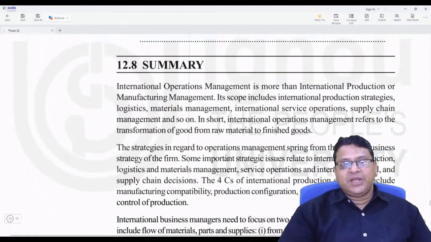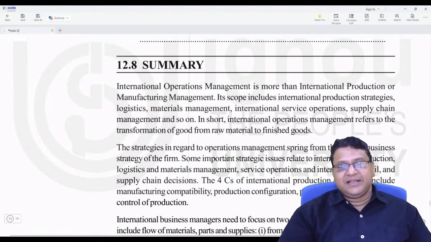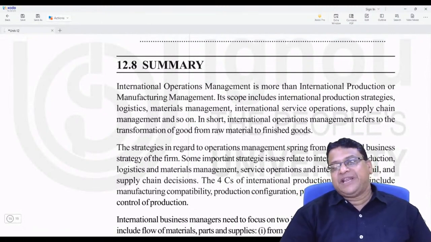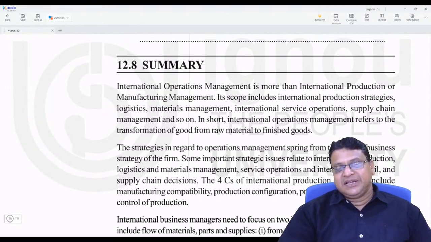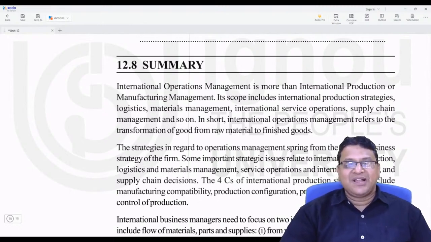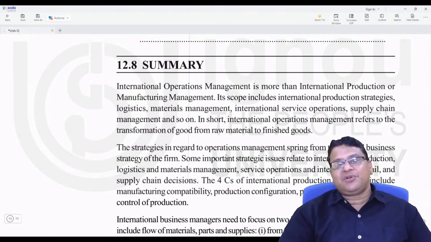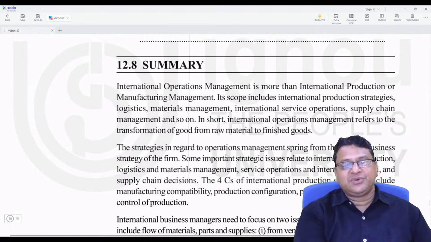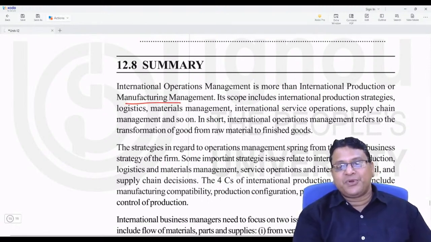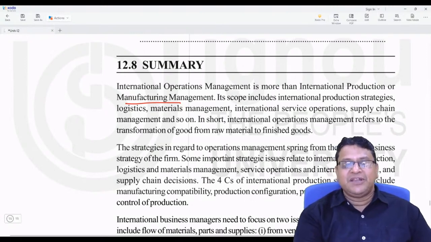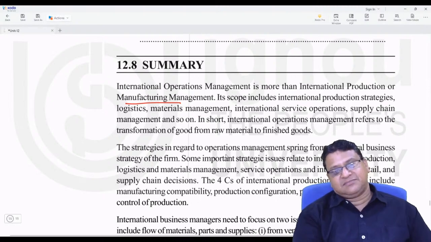So in our class today, we have discussed international operations management. It is something more than international production or manufacturing management. Production or manufacturing management deals with manufacturing of tangible goods, whereas international operations management deals with manufacturing of tangible as well as intangible things.